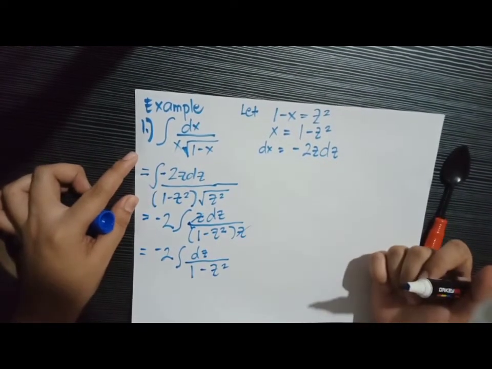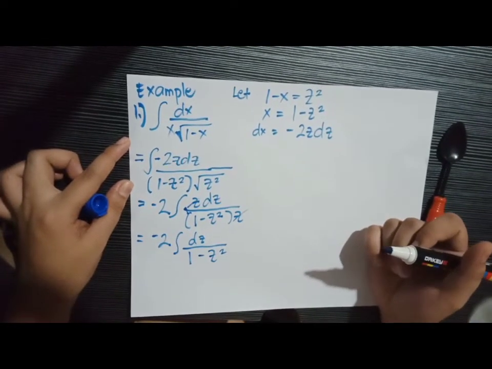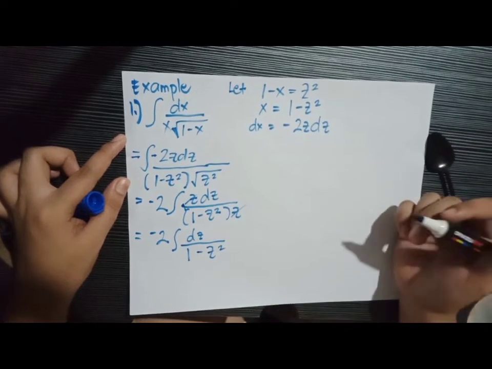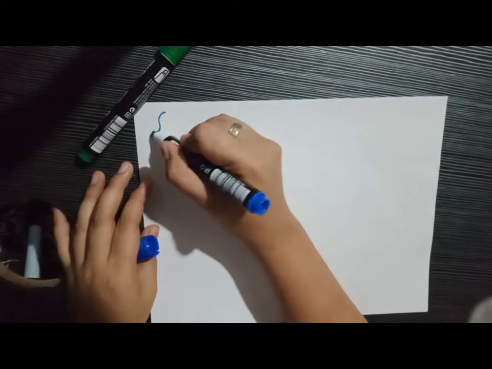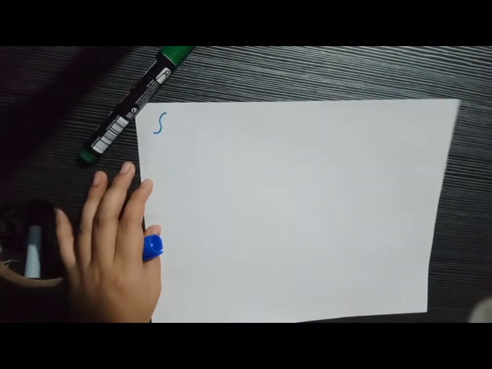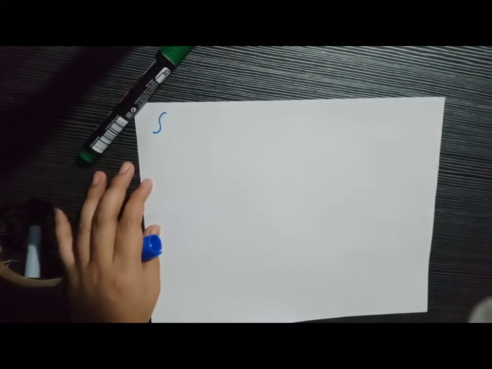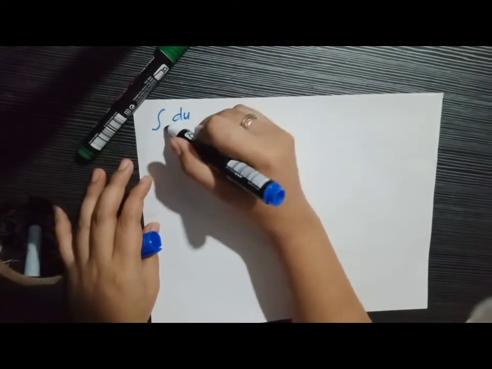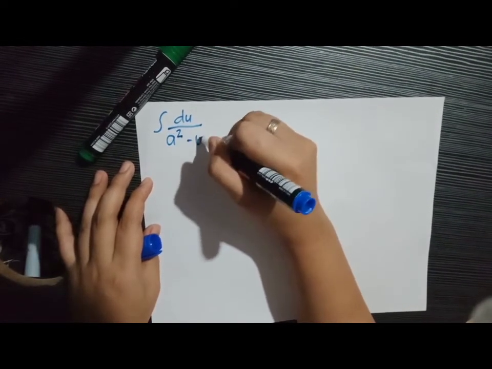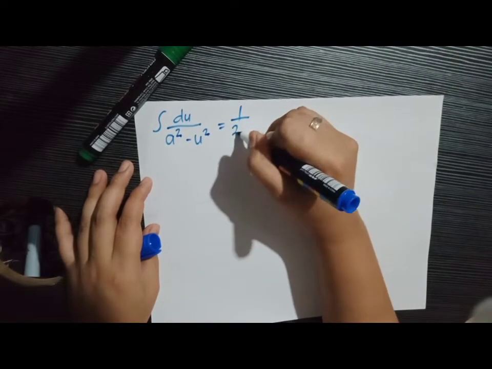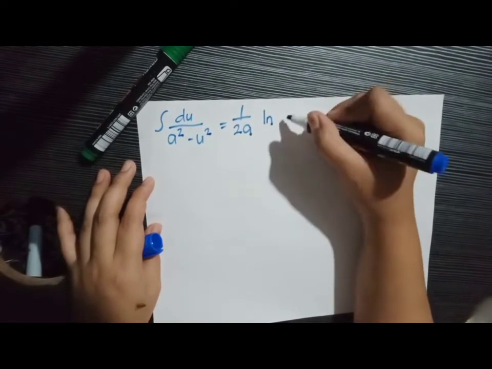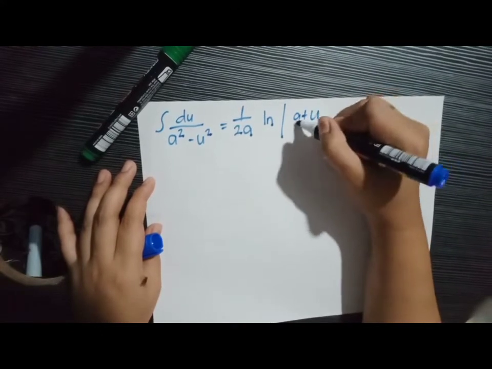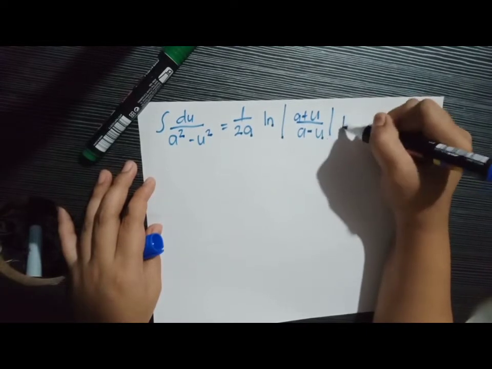Remember the formula: the integral of du over a squared minus u squared equals 1 over 2a times ln of a plus u over a minus u plus c.